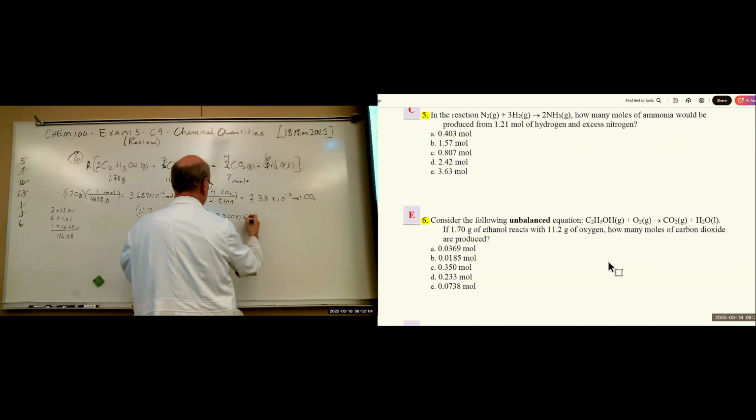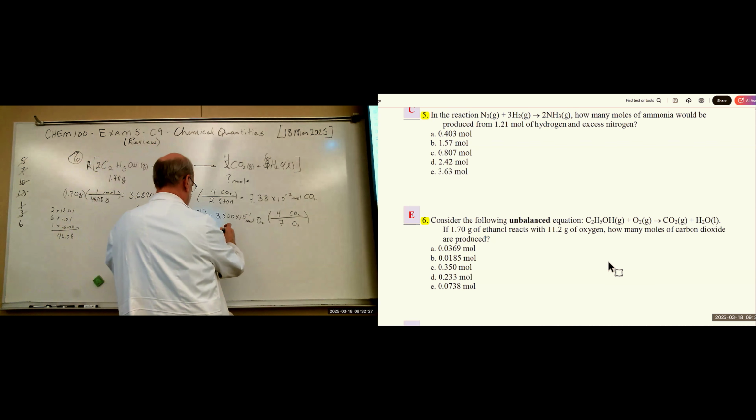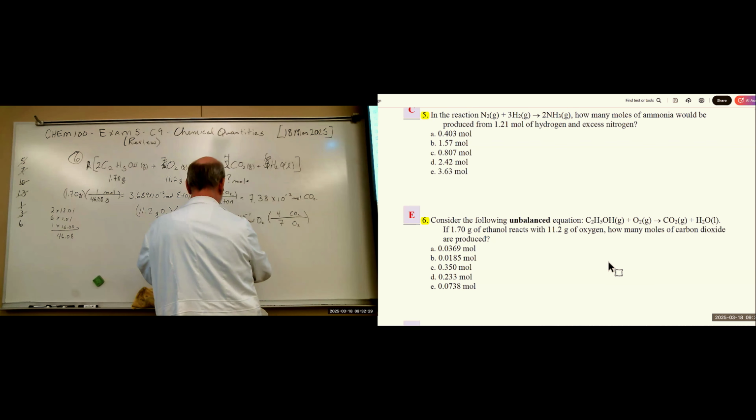And then we would convert that to CO2. So we have CO2 is 4 here and 7 there. All right, coefficients. So 4 times and 7 divided is 2.00 times 10 to the minus 1 moles of CO2.